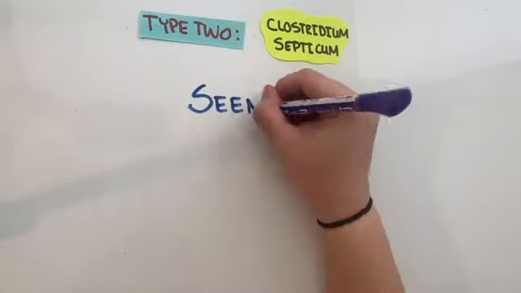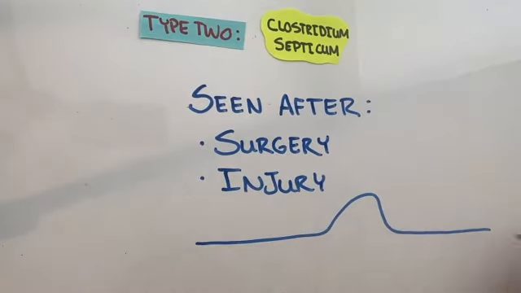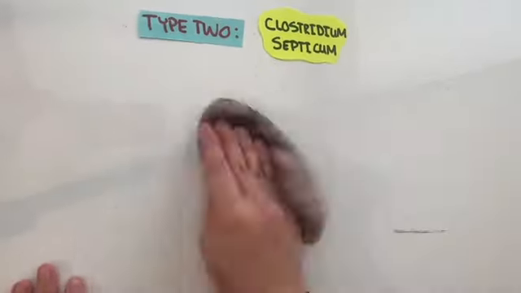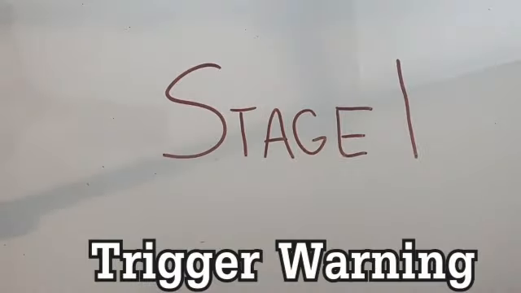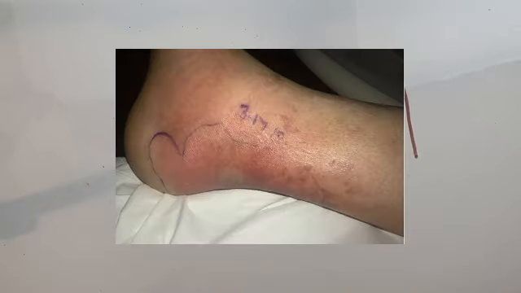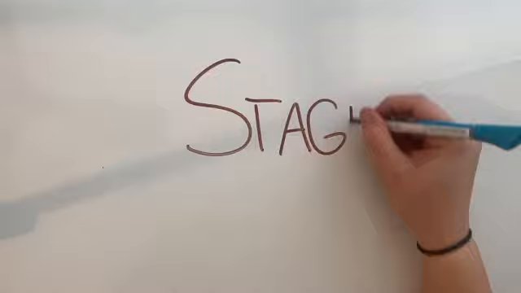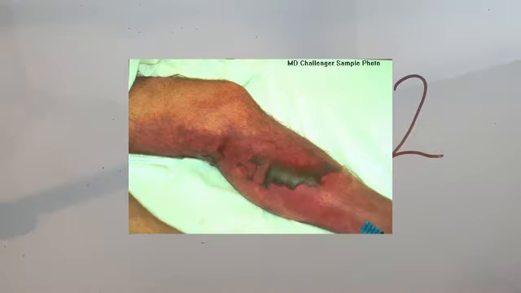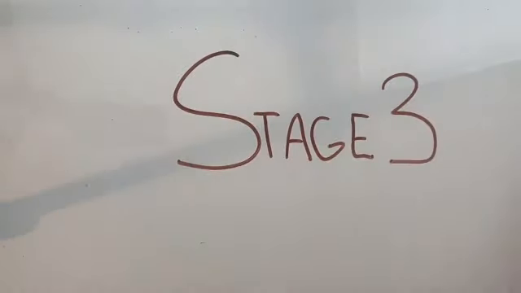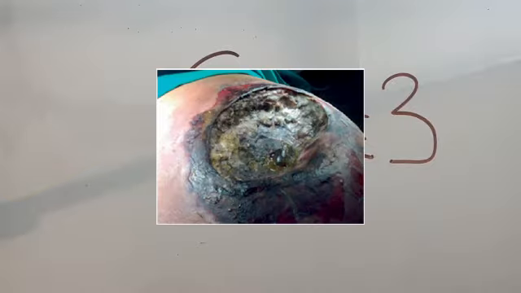Type 2 is caused by Clostridium perfringens or Clostridium septicum, and is usually seen after injury or surgery and is presented as gas under the skin. There are 3 stages of necrotizing fasciitis. Stage 1 is tenderness to palpation, erythema, swelling, warm skin, also known as calor. Stage 2 is blister or serous fluid formation. Stage 3 is crepitus, skin anesthesia, and skin necrosis.